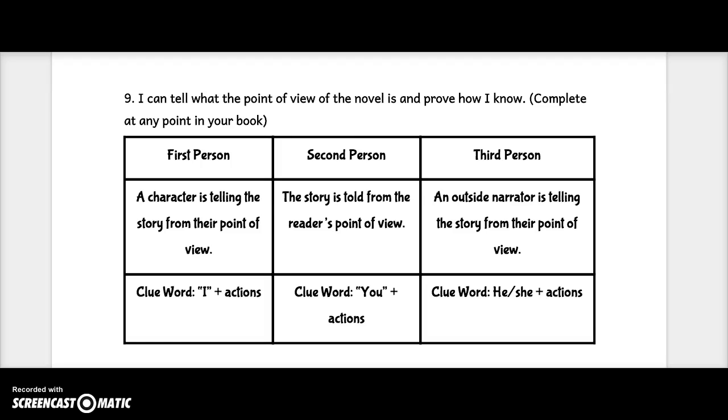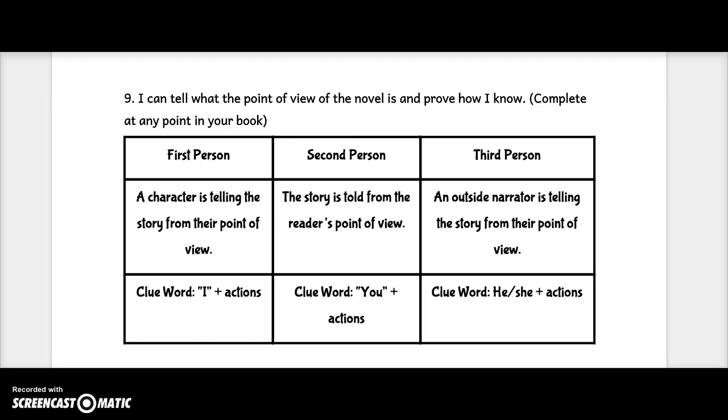The third kind of narration is third person, and this is where you have an outside narrator telling the story from their point of view. So it's not a character, it's not someone who's in the story at all, it's someone who's completely outside of the story. So almost think of them like a fly on the wall, this sort of invisible person hovering over the story, telling everything that's going on.